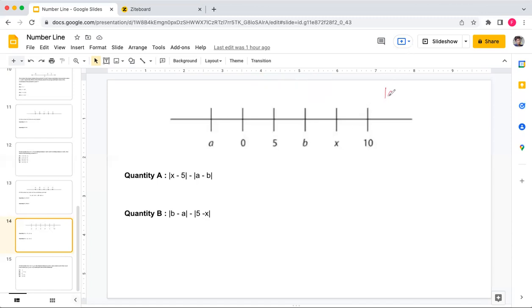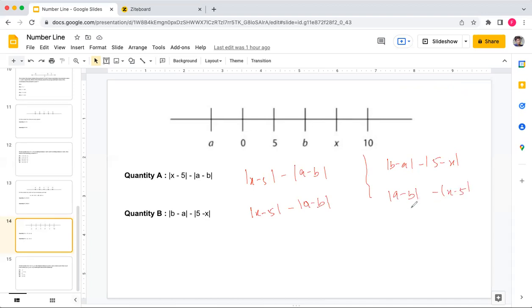Now tell me one thing. For absolute value, is A minus B equal to B minus A? Yes. This means we have |X minus 5| minus |A minus B| as the first quantity, and the second quantity is |B minus A| minus |5 minus X|. To make it better, we can write this as |X minus 5| minus |A minus B|, and the other quantity is |A minus B| minus |X minus 5|.